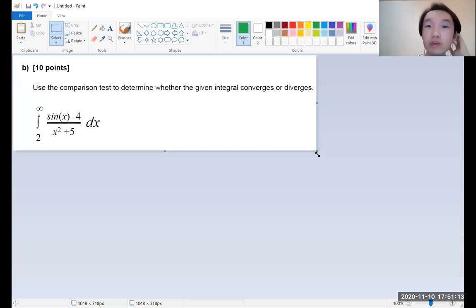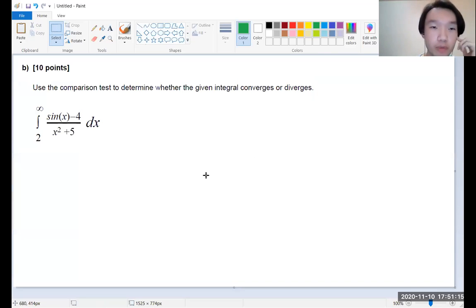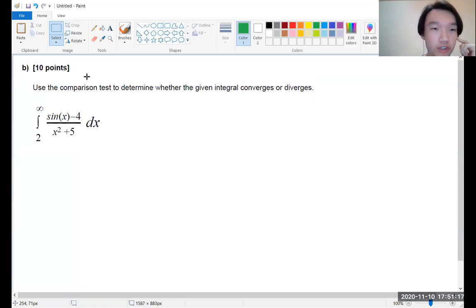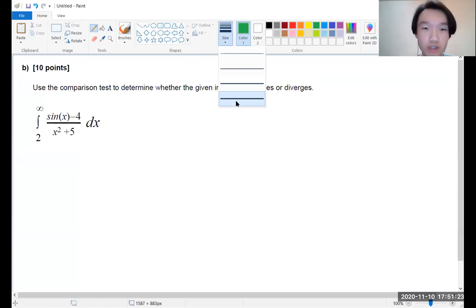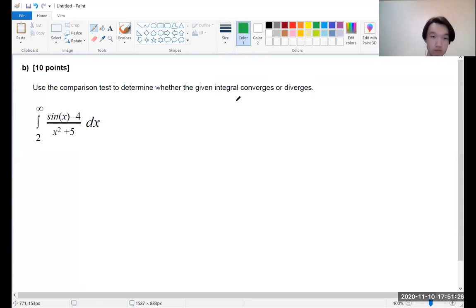Okay, so here we have part B. Let's read the directions. The directions say to use the comparison test to determine whether the integral converges or diverges. Okay. So again, we said this is an improper integral, right?